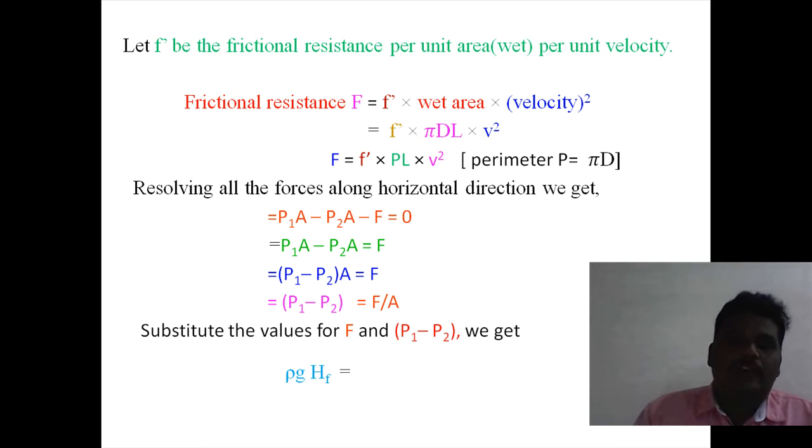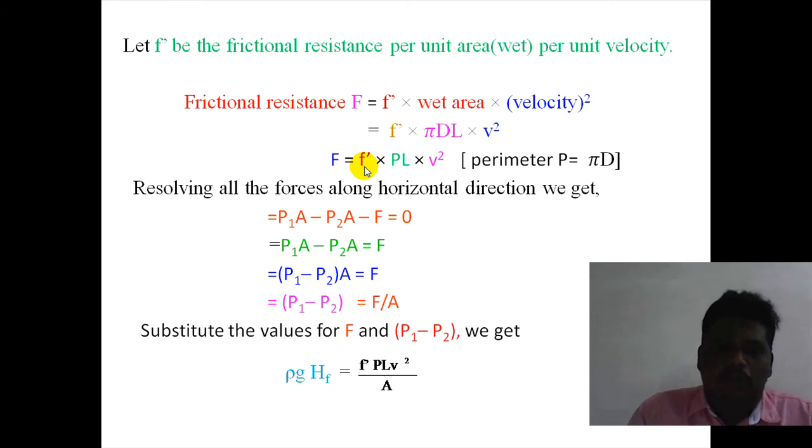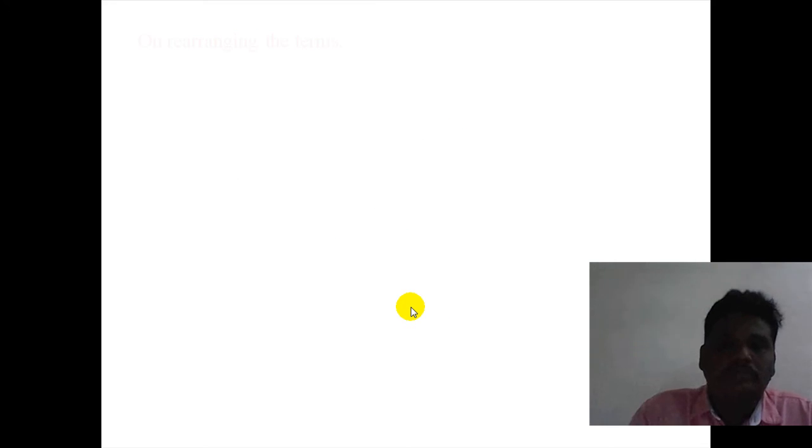We know from equation 1 in the previous slide, rho g HF is equal to P1 minus P2, which is equal to F dash P L V square divided by area. Now rearranging the terms, we get HF.